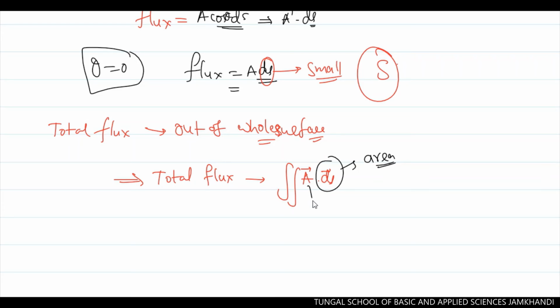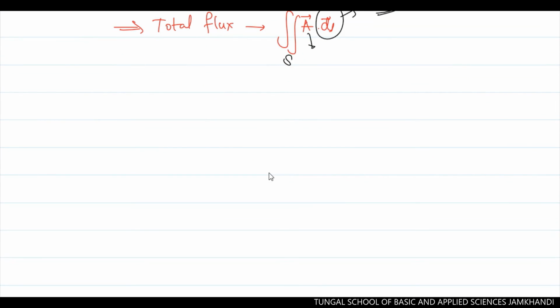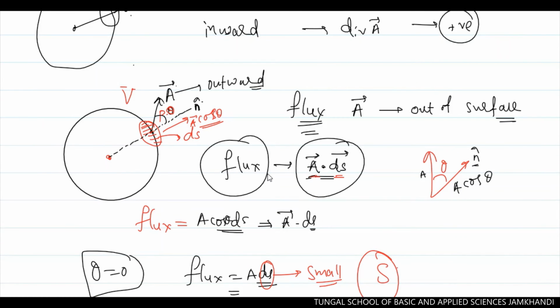Here A is a vector, and this double integration is called a surface integral to calculate over the total area of that surface. If you look at this diagram, I have defined the ds small area, and if I integrate over the total area, it becomes capital S.